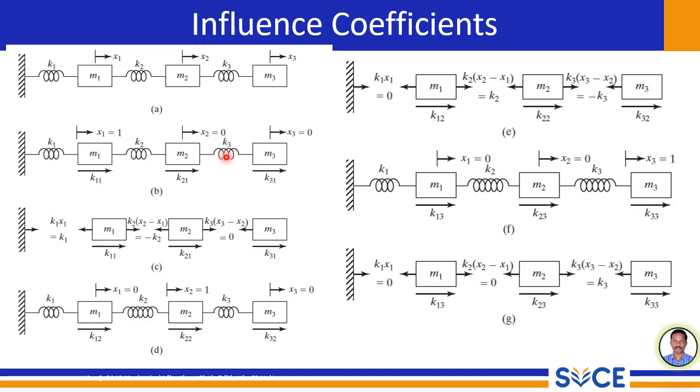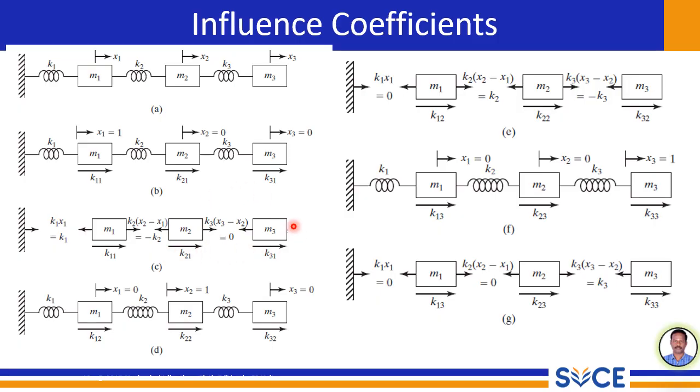As we calculated, the force required at mass 1 to maintain this configuration is K1 plus K2, which is our K11. The force exerted by the spring on mass 2 is minus K2. You can see it here, it is on the negative left-hand side, so it is minus K2, otherwise a compressive force. Mass 3 experiences no force.